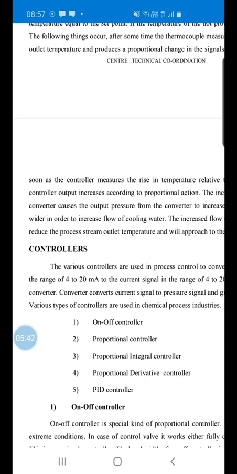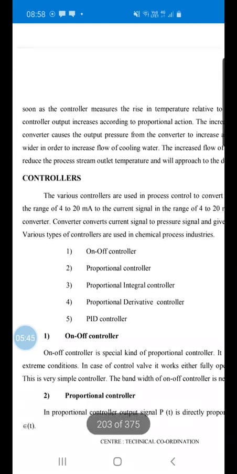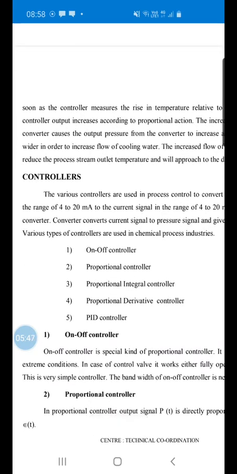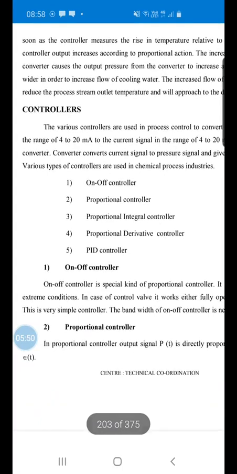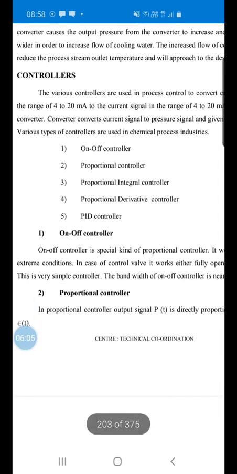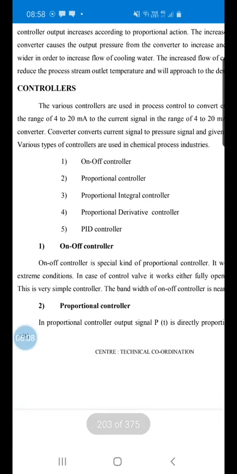Now it is very important to know about controllers, which are a very important part of any control system. So we will discuss the controllers, their types, their transfer functions, and their applications in the chemical industries. The various controllers are used in process control to convert the error generated in the range of 4 to 20 milliampere again to a current signal in the range of 4 to 20 milliampere and send it to the converter.